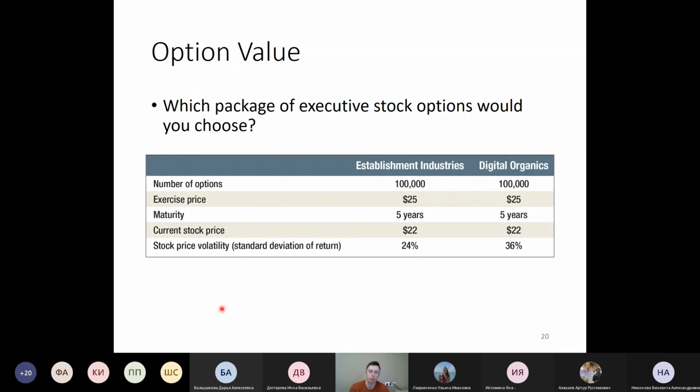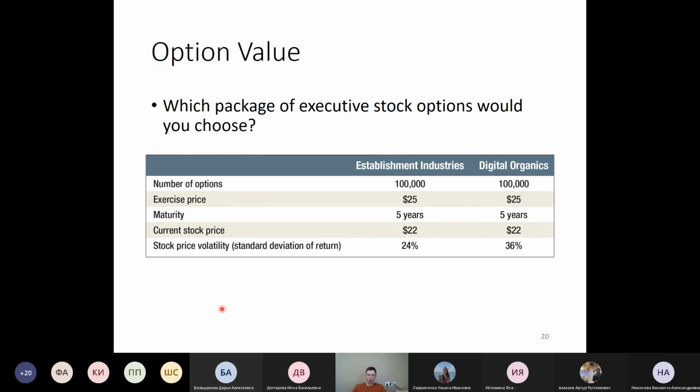Now we are starting to gradually approach the topic of option values. Let's say you are the manager of some company and you might receive a bonus with the shares of different companies.